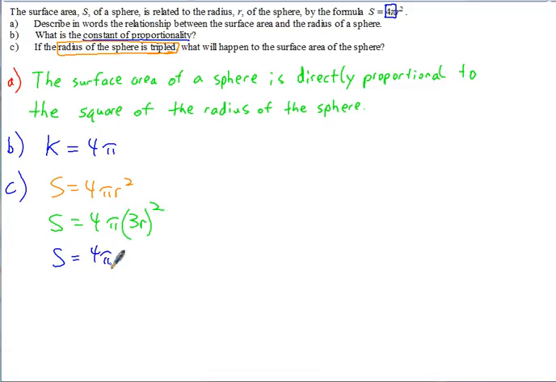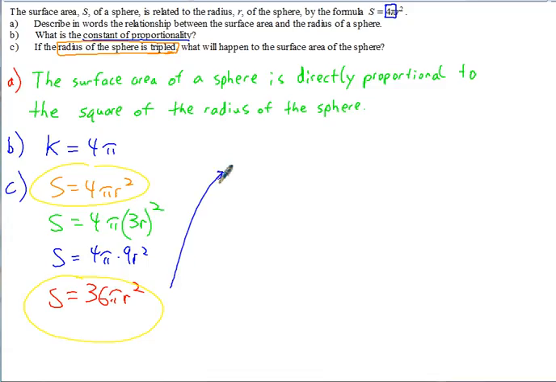It's 4 pi times 9R squared, which would give you S equals 36 pi R squared. So we started out with 4 pi R squared. Well, when the radius is tripled, it became 36 pi R squared. So what happened? There you go. The surface area of the sphere is multiplied by 9.